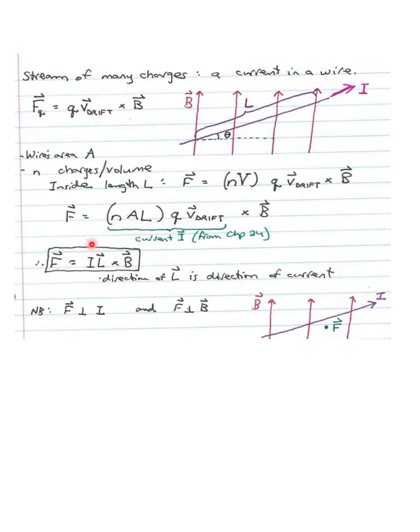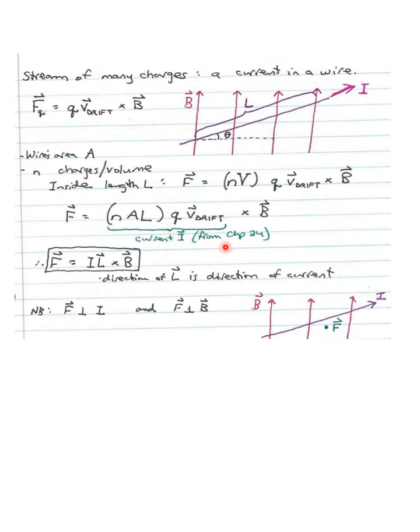So here we have the force is N times volume times the charge of a single one. And that N times the volume becomes N times the cross-sectional area times the length times the charge times the drift speed. And this entire thing right here is the current.